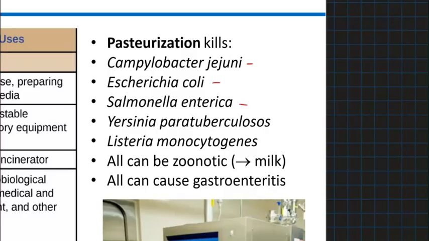Salmonella, I had a mild form, still remember, when I was 9. I had a mild salmonellosis. I thought I would see my stomach finally falling out of my mouth. Yersinia paratuberculosis, severe diarrhea. Listeria monocytogenes, extreme diarrhea, sepsis, neonatal meningitis, and miscarriages in pregnant women.